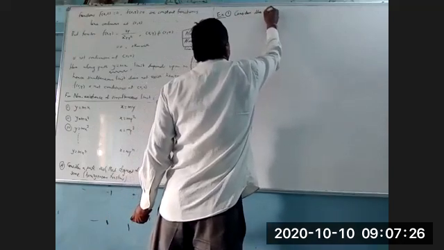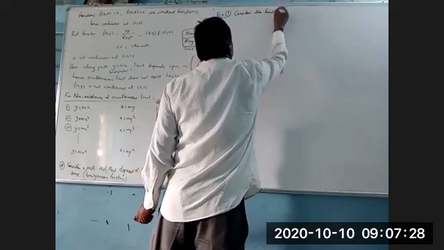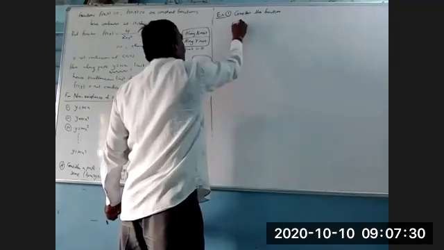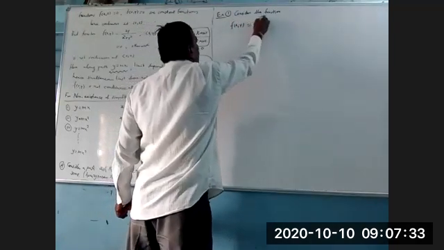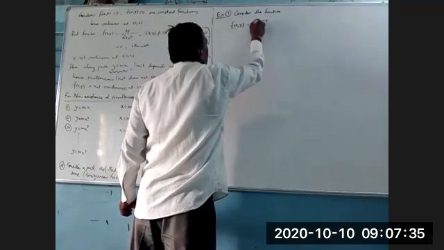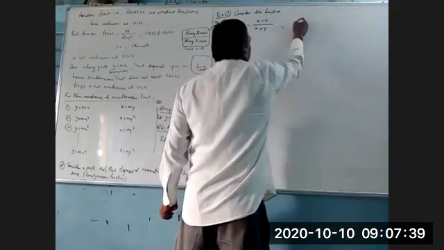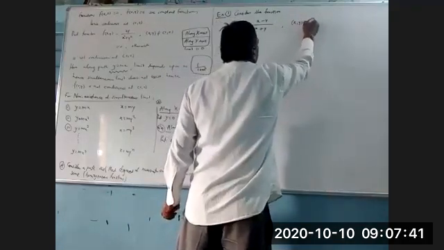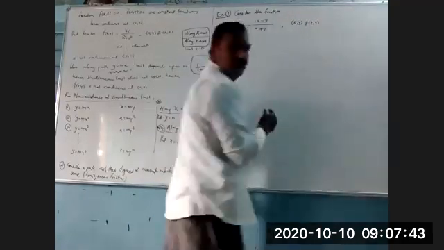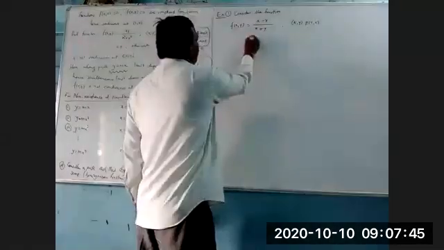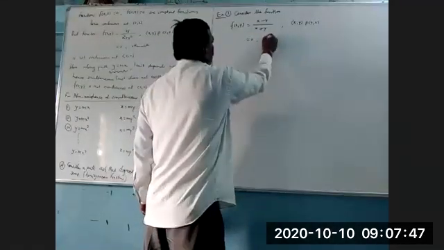Consider the function f of x y is equal to x minus y upon x plus y, provided (x, y) is not equal to (0, 0), and is equal to 0 otherwise.